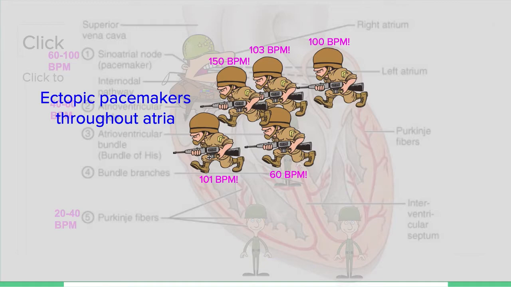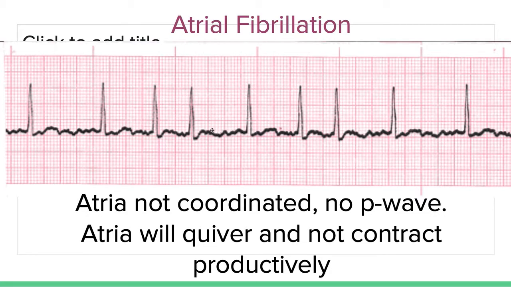So this is pretty bad, where not only do we have an ectopic pacemaker, but we have many, and they're all firing at their own rhythm. And that's pretty bad because we know what the heart needs to do is to beat in a very coordinated way and at the same rhythm. But if everybody's telling the atria, for example, to contract and beat at different times, what ends up happening is that the atria just go through this huge uncoordinated excitation.